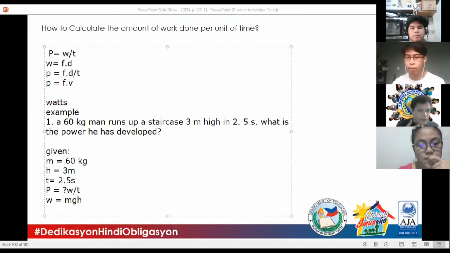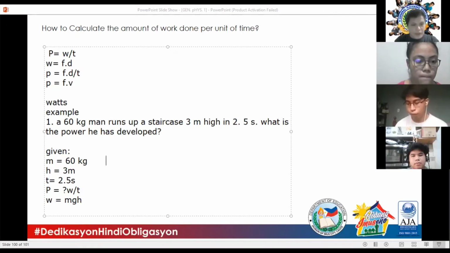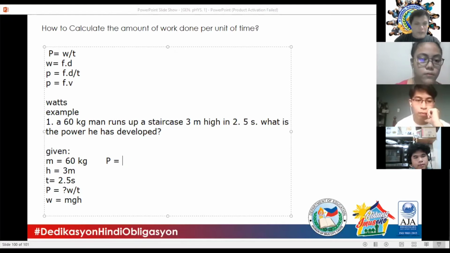Di ba yung work? So therefore, pwede nating i-substitute dito sa formula ng power is equal to mgh over time. Saan galing ulit yung mgh? Yung work done na affected by acceleration due to gravity, divided by time.